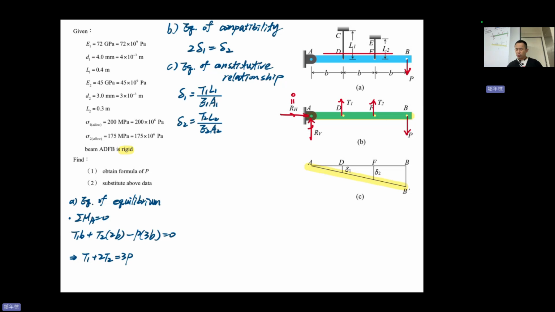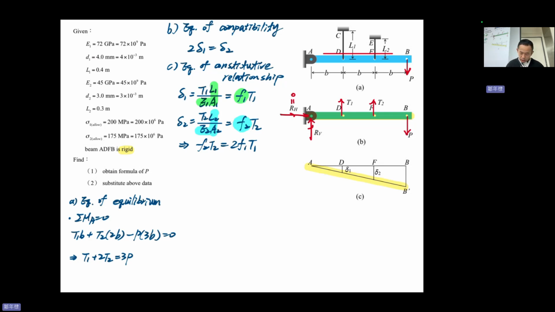Because this is too big, too complicated, I may use some simplification: F1 T1 equal to F2 T2. The F is just a fraction, a ratio or coefficient, to save some space. So F2 T2 equal to 2 F1 T1.